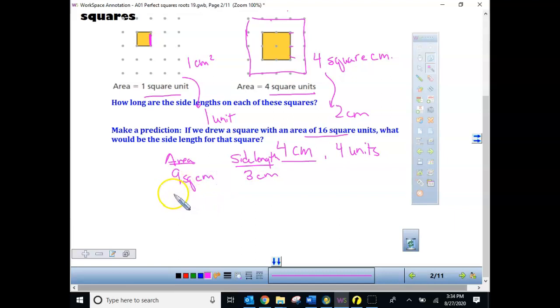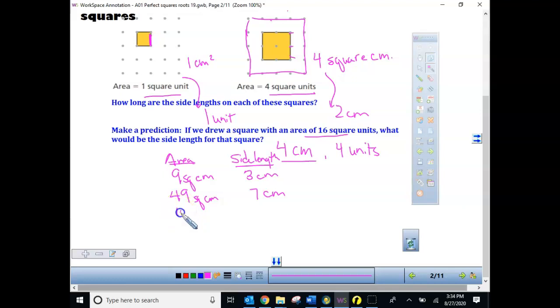If I said, and if you know your multiplication facts, the area is 49 square centimeters, you might say, what number times itself gives me 49? 7 centimeters. So I'm going to put one down here for you to try.